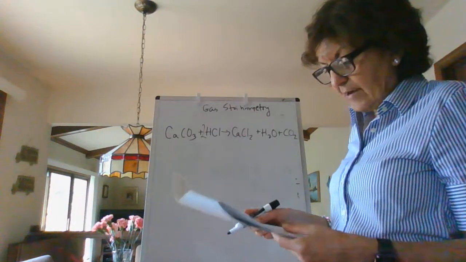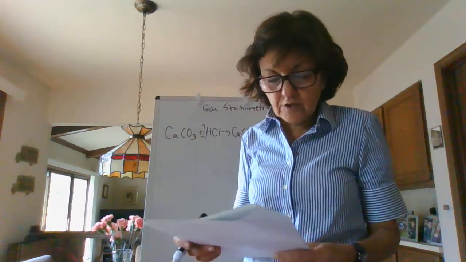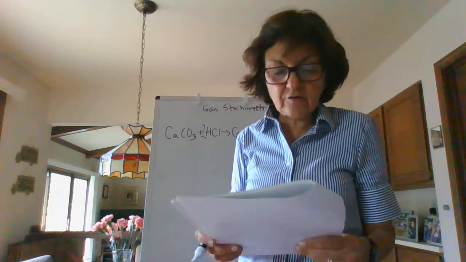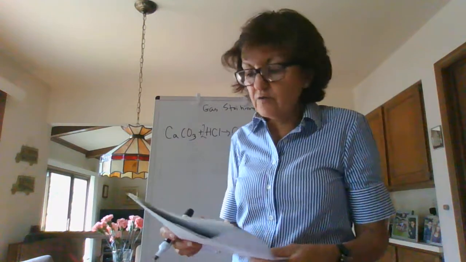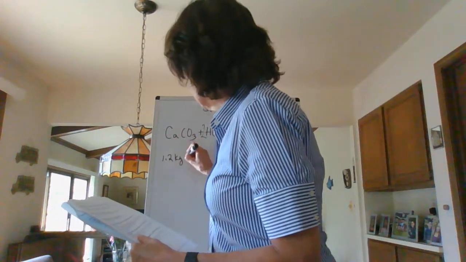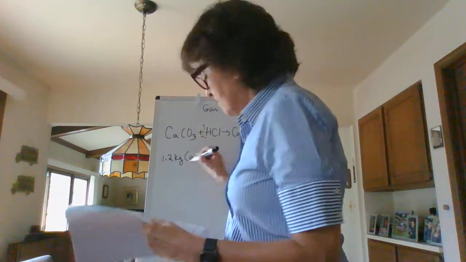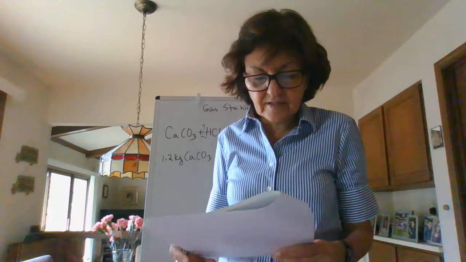All right. So basically what this problem says is that when a 2-liter bottle of concentrated hydrochloric acid was spilled all over the lab, you had to use 1.2 kilograms of calcium carbonate to clean it up, basically to neutralize the spill.